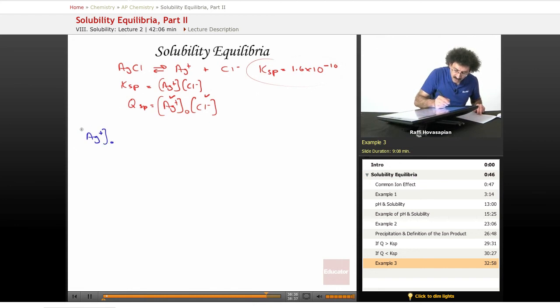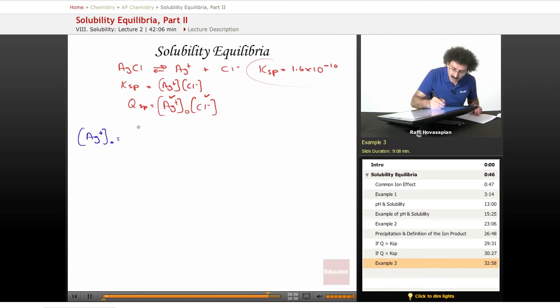So the silver ion concentration is going to equal, well, concentration is moles per liter. The total number of moles of silver in the total volume. Well, the total volume has changed. I added 750 milliliters to 300 milliliters. So now that silver ion is not just floating around in 750 milliliters, it's floating around in 1,050 milliliters. I need to know how many moles that was.